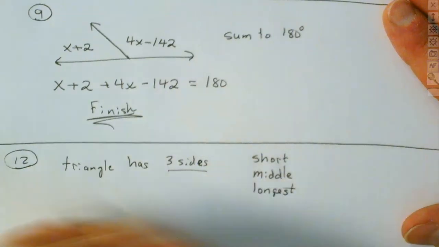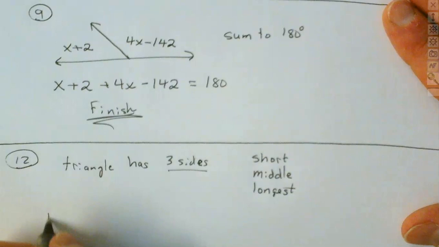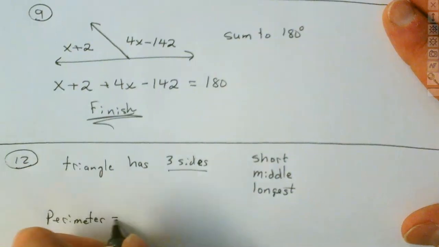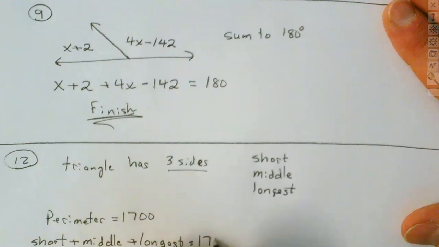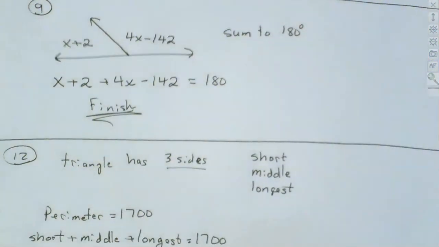They're all different. And we know that the perimeter equals that 1,700, and that is the short side plus the middle plus the longest. And that gives my 1,700. So is everyone okay with that so far?